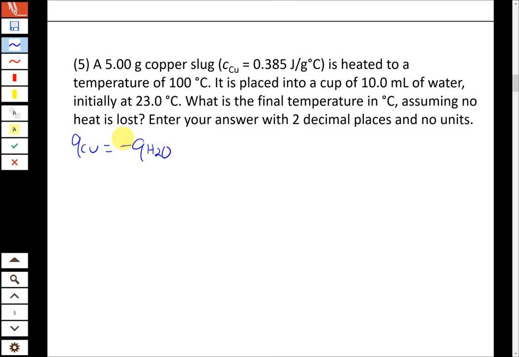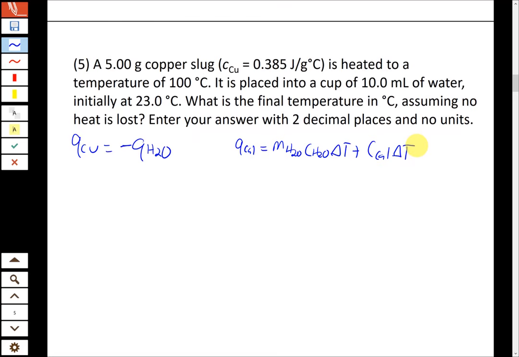So you have to remember to put a minus sign on one side of this to make sure that you're getting the math right. Now the other thing to keep in mind is sometimes if we're doing this in a calorimeter, the heat on one side could have 2 terms involved with it. We'll see this in the next problem as well, where it could be the water that's in the calorimeter, and then also you have to maybe consider the calorimeter itself as absorbing some of the heat.